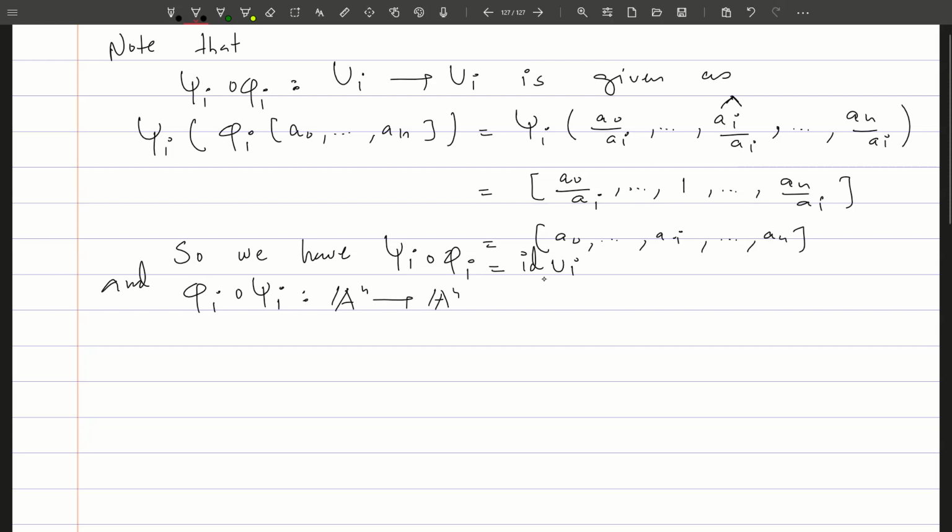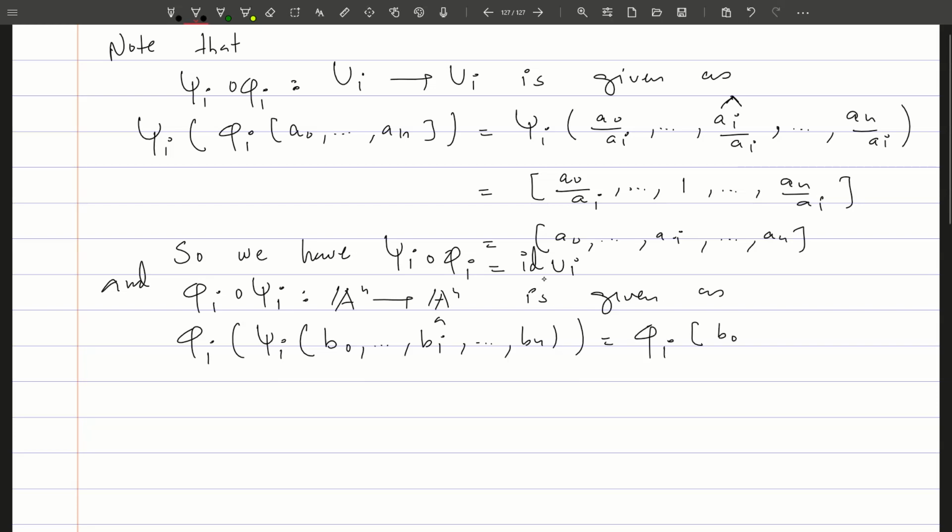So phi i of psi i of, let us take a point here, b naught through bi cap through bn. So this will give us phi i of b naught through 1 over here through bn.